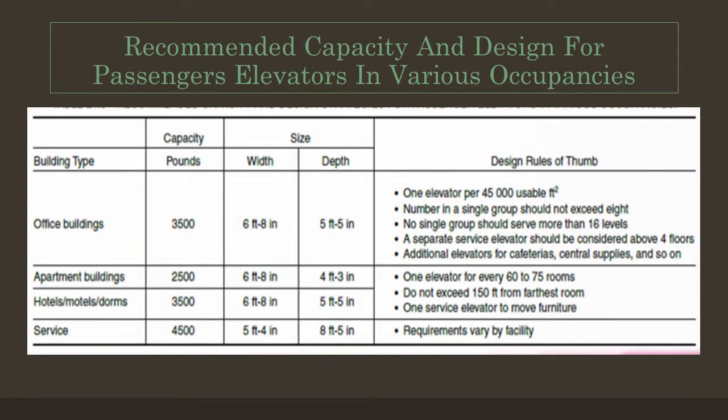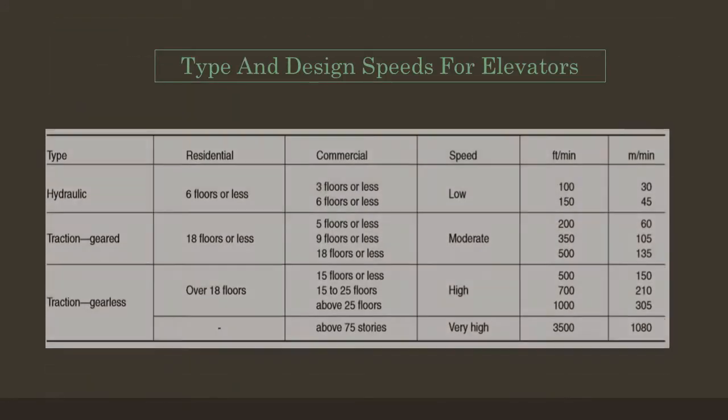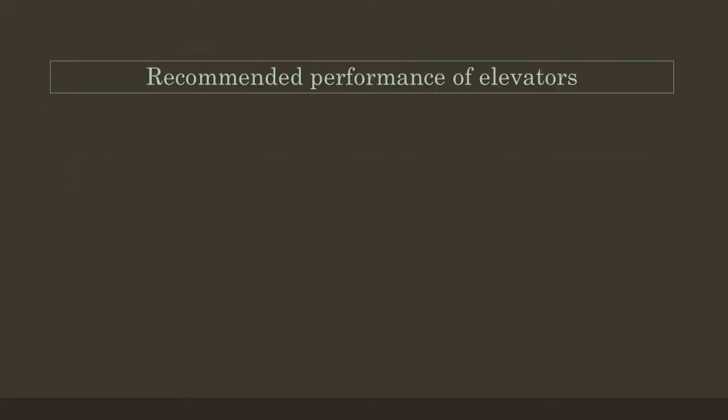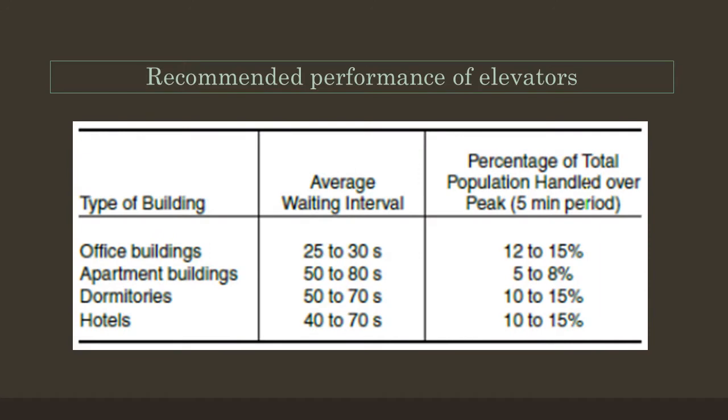This table shows the recommended capacity and design for passenger elevators in various occupancies. Type and design speeds for elevators are compared in the table below. Recommended performance of elevators.